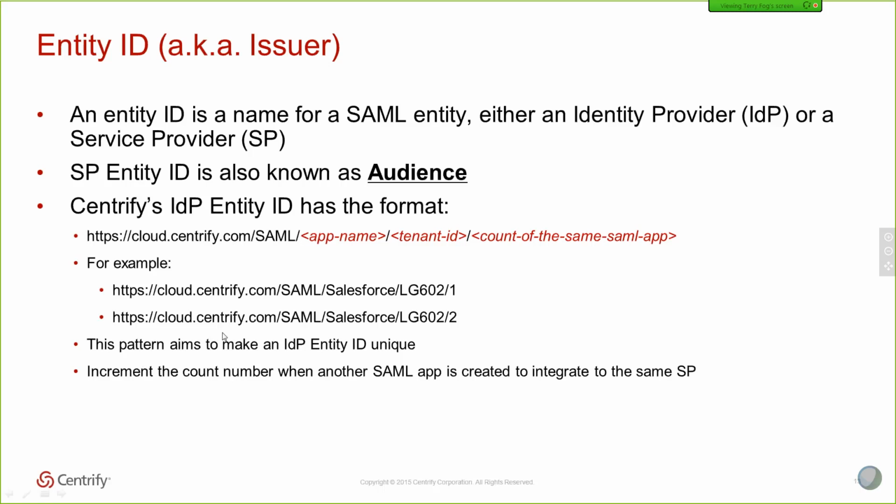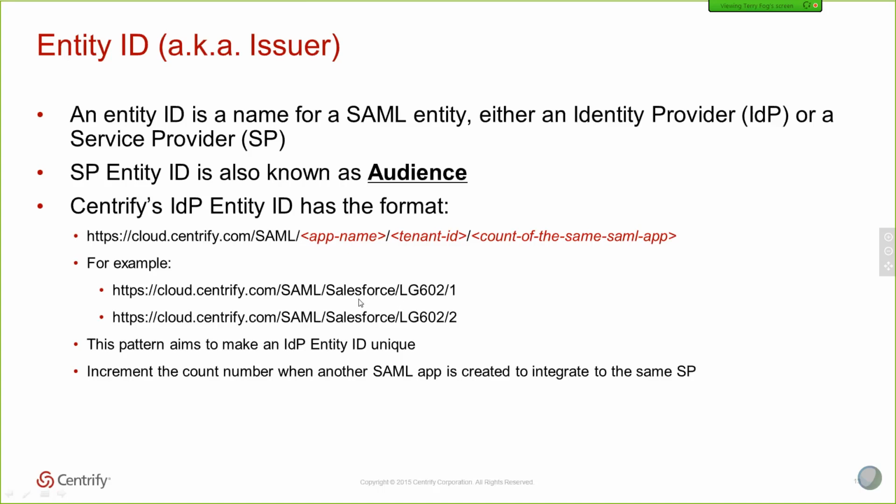So the new scheme, the latest scheme as of now, to make it unique or closer to unique, is that we'll also add the tenant ID and then the count of the same SAML application. We are designing the scheme so that, hopefully in the long run, it will solve every case. But will it actually happen? We don't know.